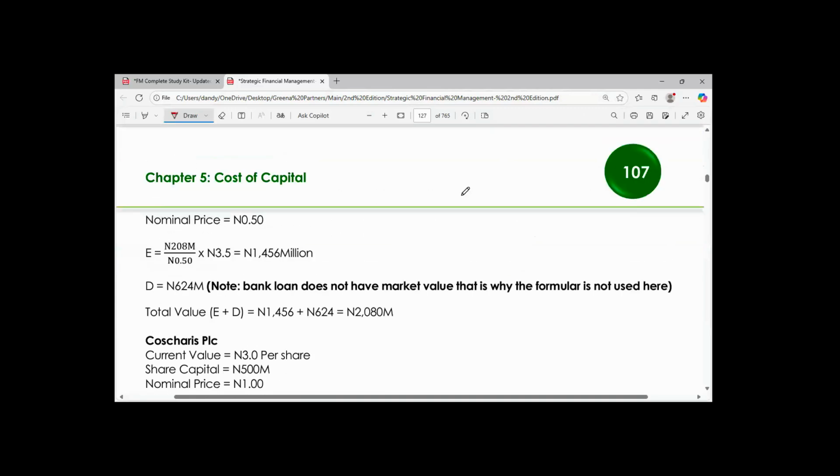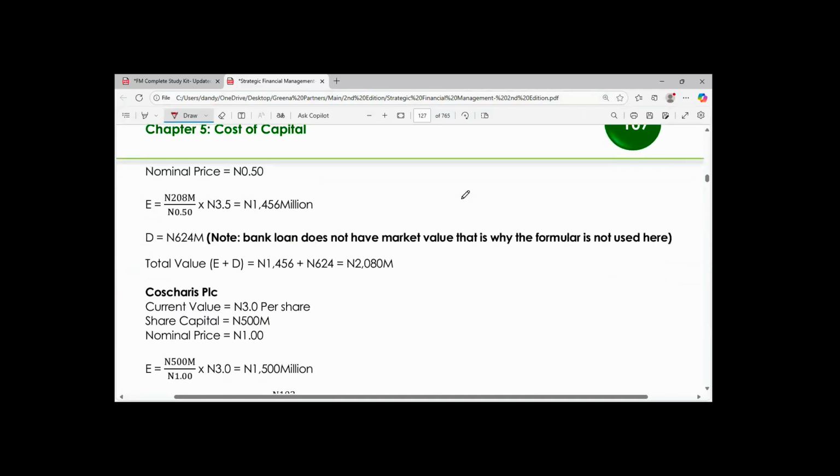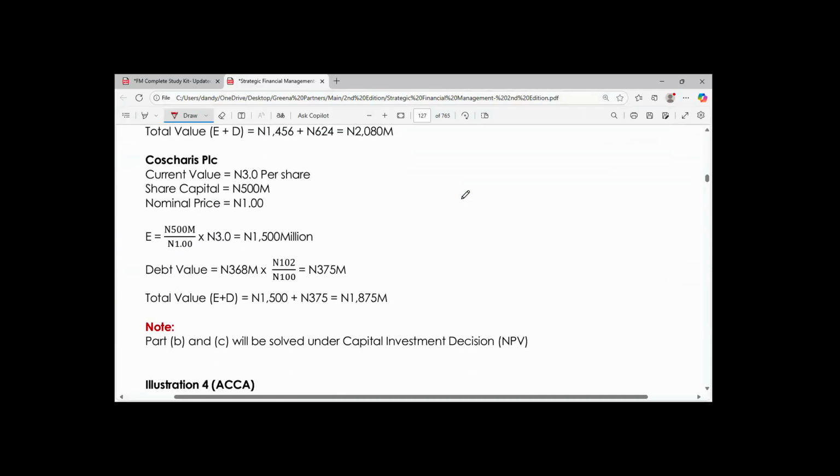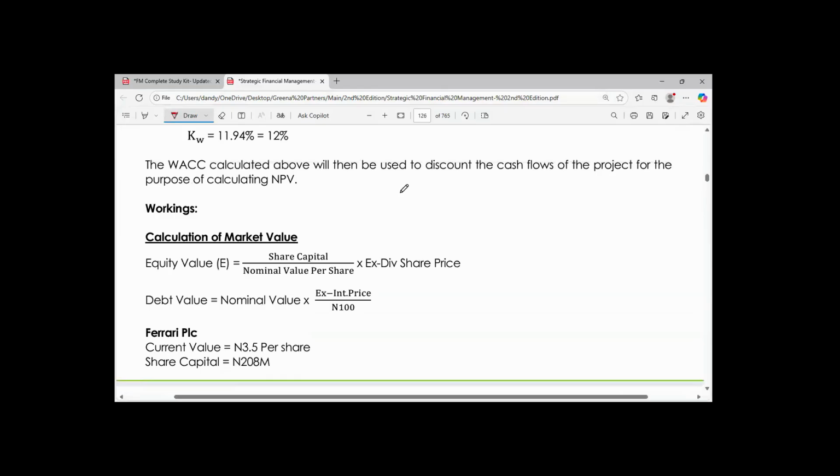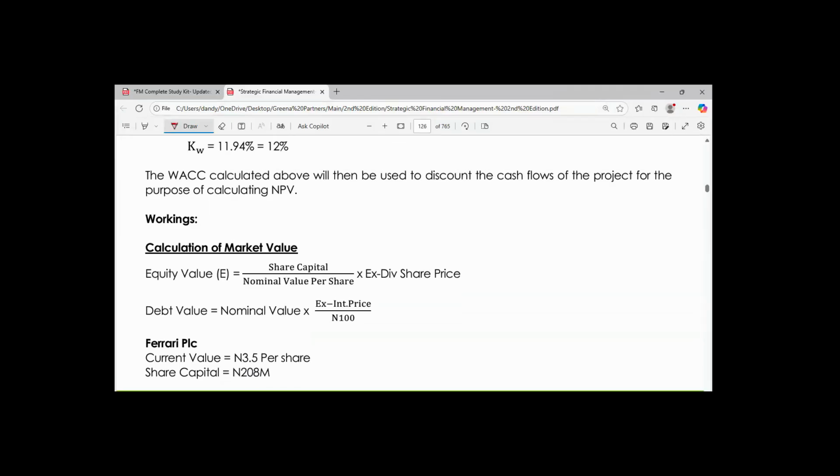So if that is the case, let's solve this. Now, what I will do is, can I quickly find it somewhere so that I can share it on WhatsApp so we follow through together? Let me see if I can.